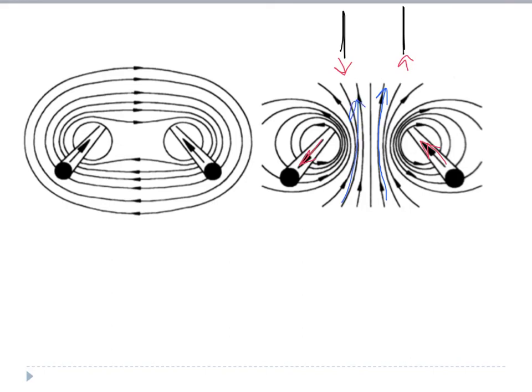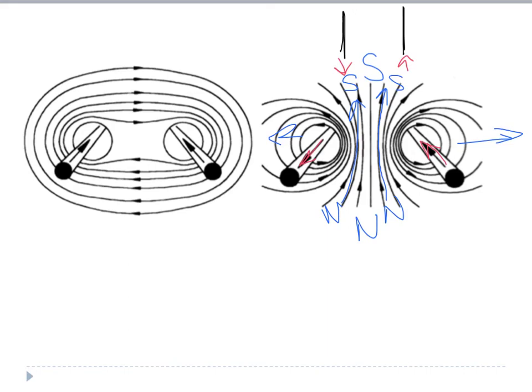Remember, the arrows always go from north to south. This one is generating a field running from north to south, and this is generating one that runs from north to south. So these two fields are parallel, and they're going to repel each other, because we've got a south here next to a south here, and a north here next to a north there. So they're going to want to move away from each other.